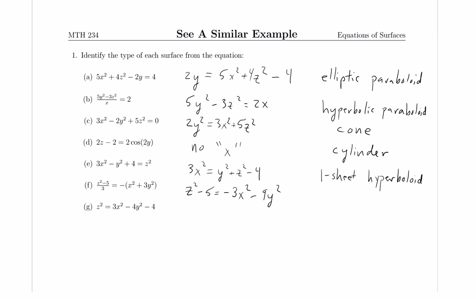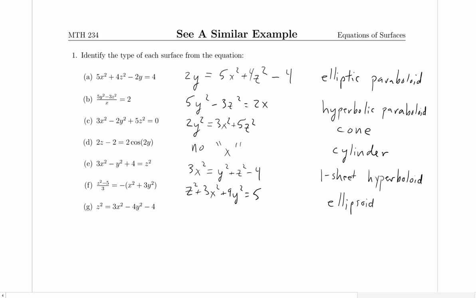Let's move all the variables to the left and move that 5 over to the right. Rewrite it like this. And now we should be able to tell that this is an ellipsoid. And again, the way we recognize that this is an ellipsoid is that all three variables are squared, all on the same side of the equation, with positive coefficients, and that's equal to a positive constant.